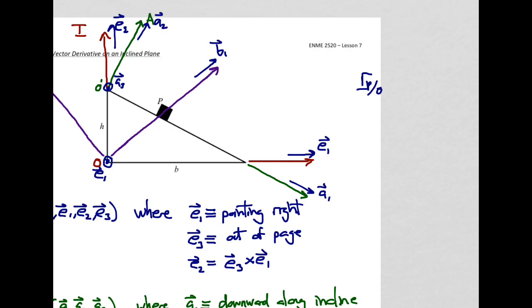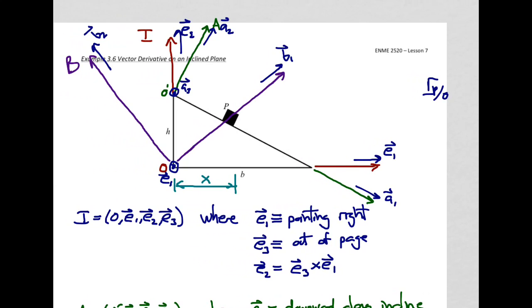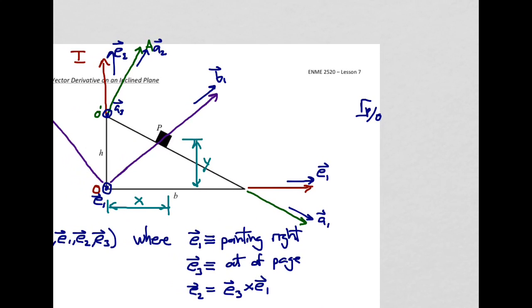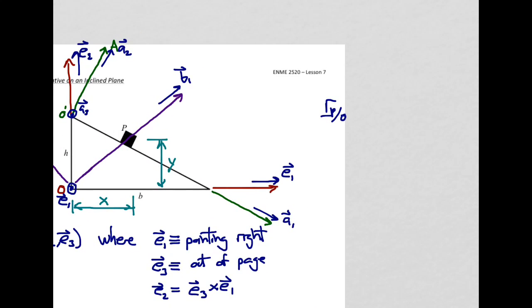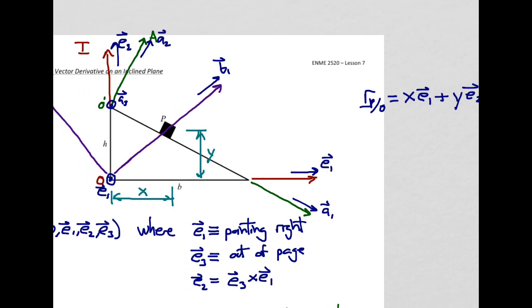And so our coordinates are going to be an x coordinate, and we also have a y coordinate. Alright, therefore we can define r of P with respect to O as x in the E1 direction plus y in the E2 direction. Alright, so that's our Cartesian coordinates.